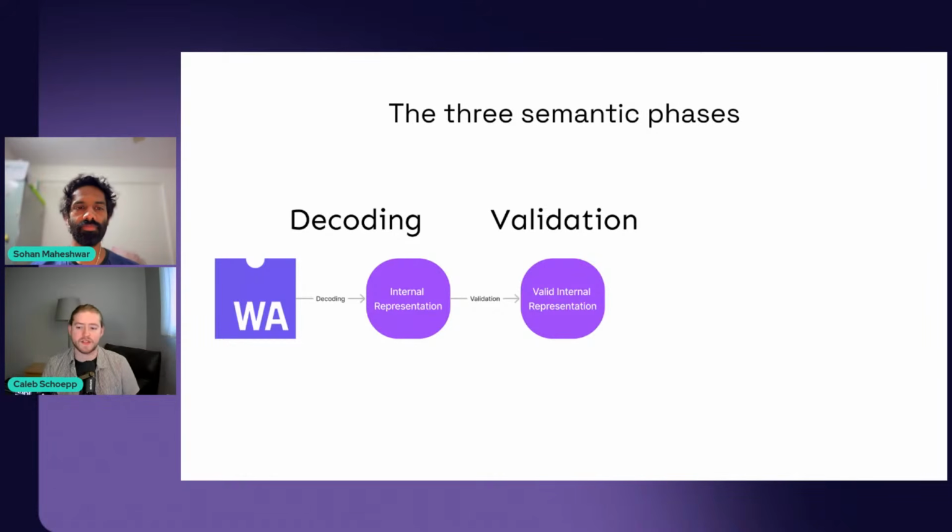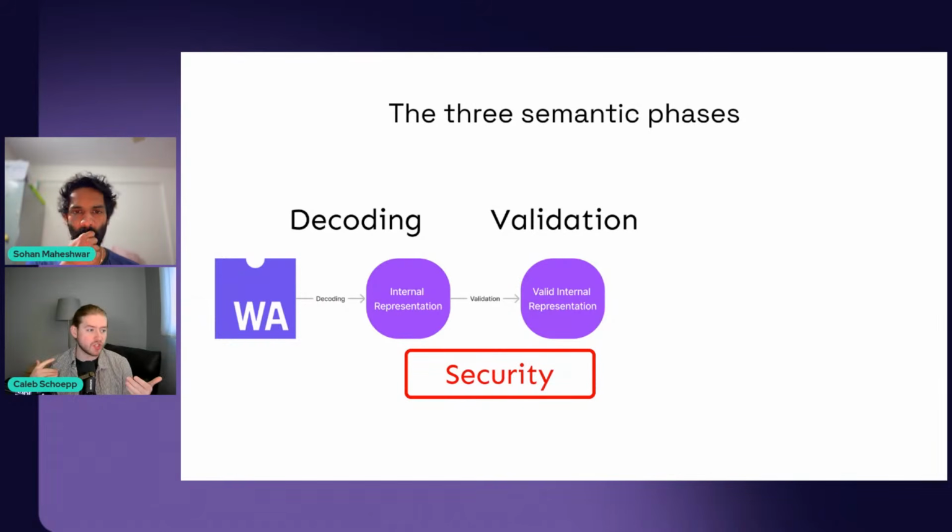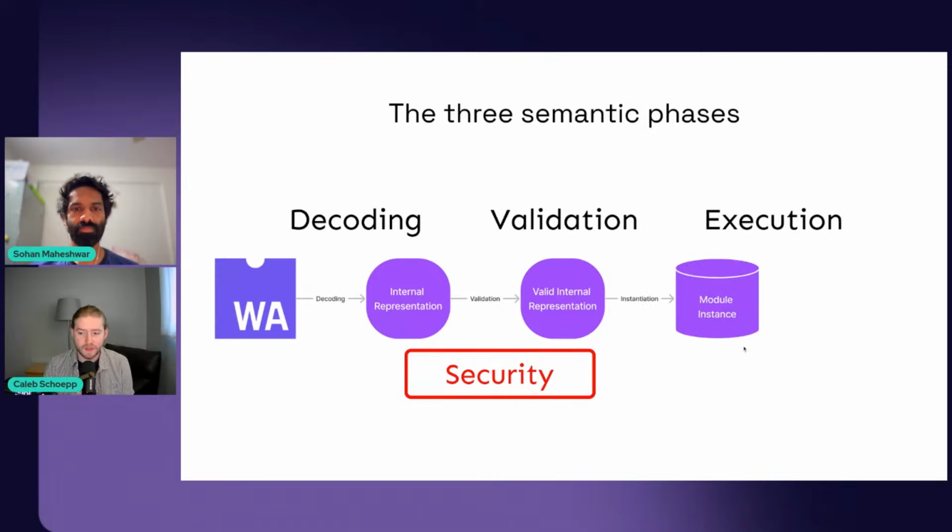You can be validating as you stream it. Validation is also important from a security perspective, one more stopgap making sure that this WebAssembly module we're executing is well formed and conforms to the semantics of WebAssembly that make sure it's going to be safe.